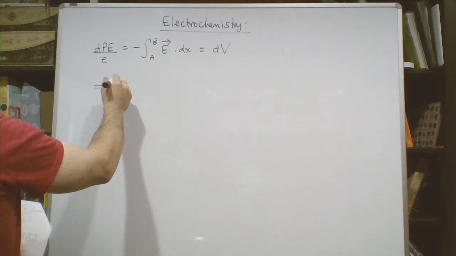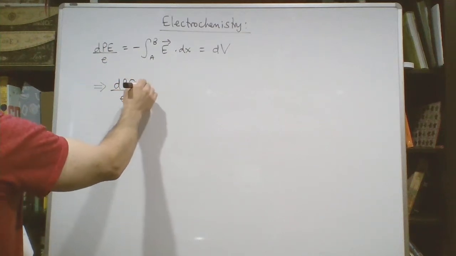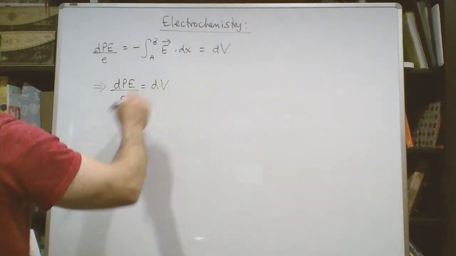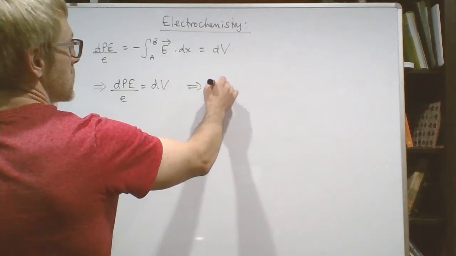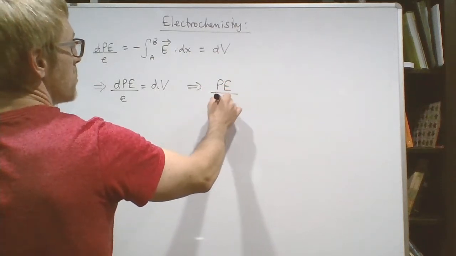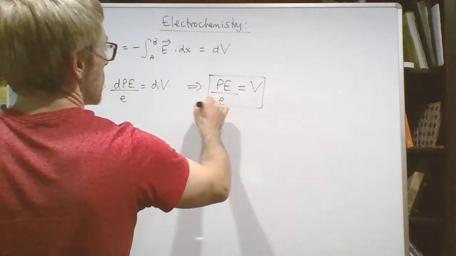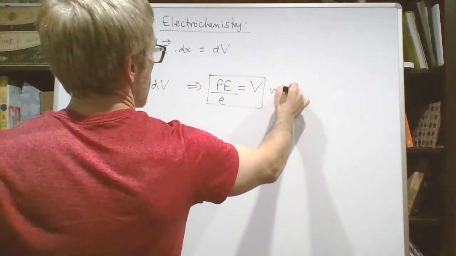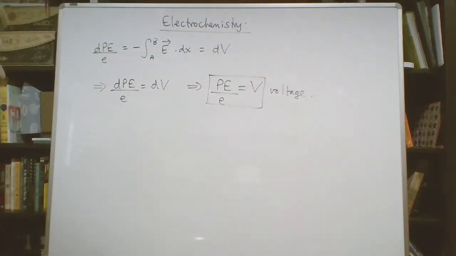So we've essentially got the change in potential energy per unit charge is the change in voltage. Well, this implies, if we get rid of the changes, that the potential energy per unit charge is the voltage. So we have a definition for voltage.